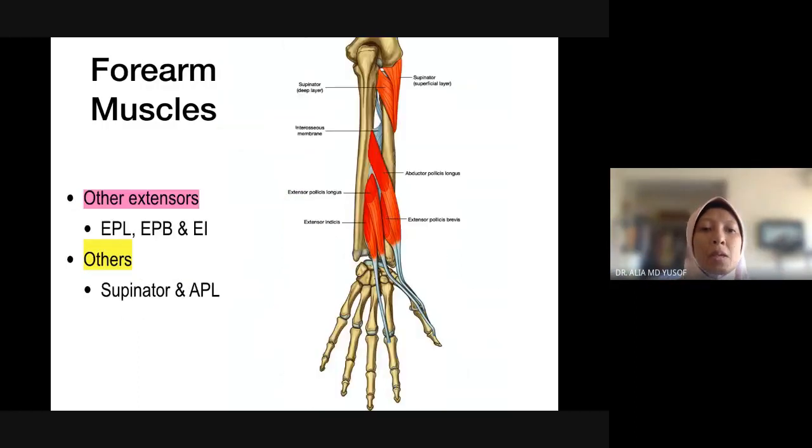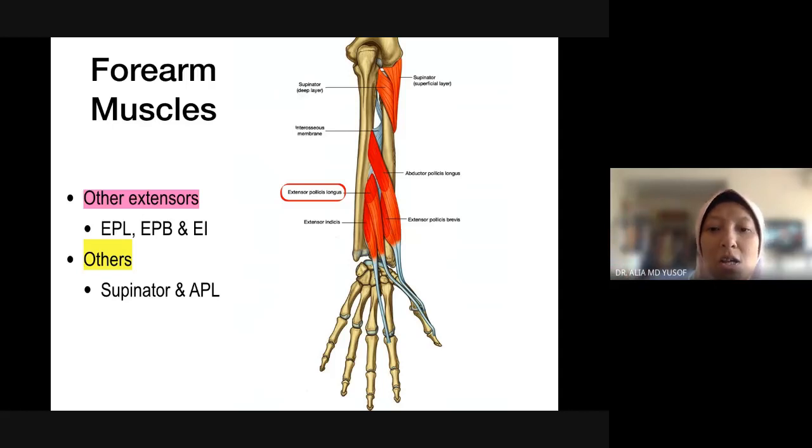Okay. Now, what are other extensors that are present in the posterior compartment of forearm muscles? There are three other extensors, and these extensors basically involve the thumb, sebab tadi kita tak sebut langsung extensors yang menyebabkan pergerakan first digit kan, semuanya second to fifth digit.